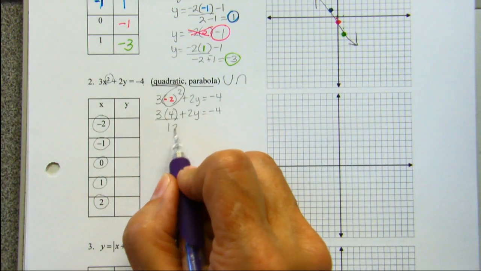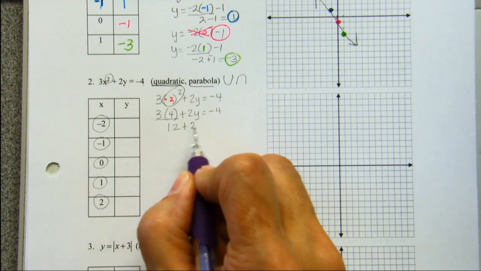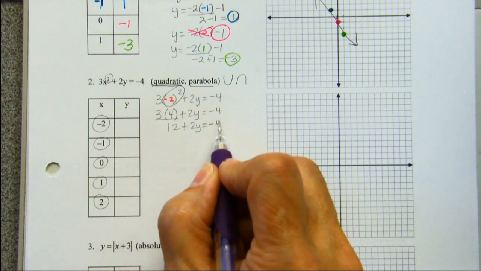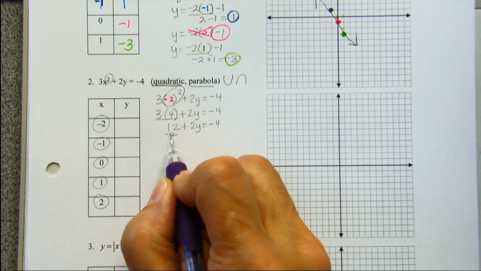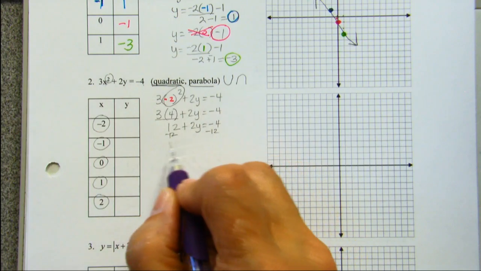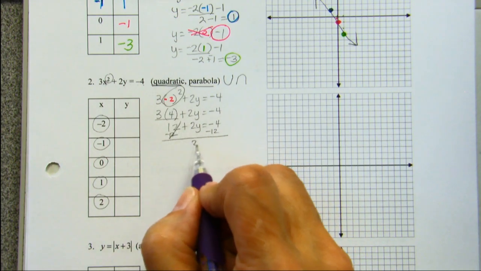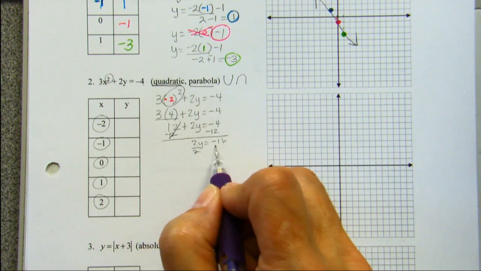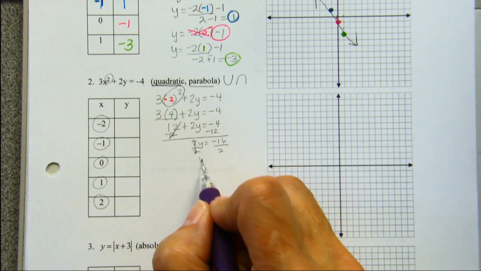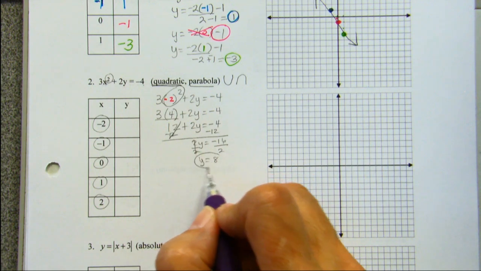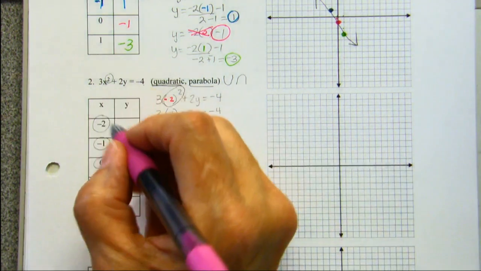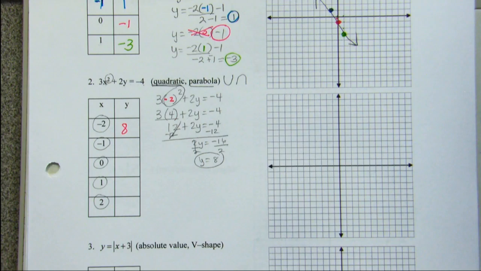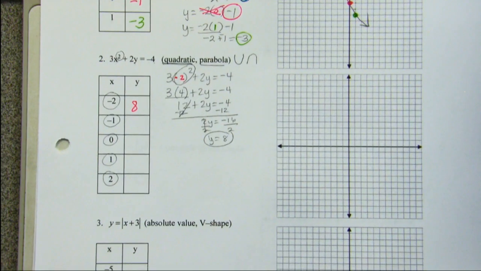3 times 4 is 12, plus 2y equals negative 4. Subtract 12. 2y equals negative 16. Divide by 2, and you get y equals negative 8.